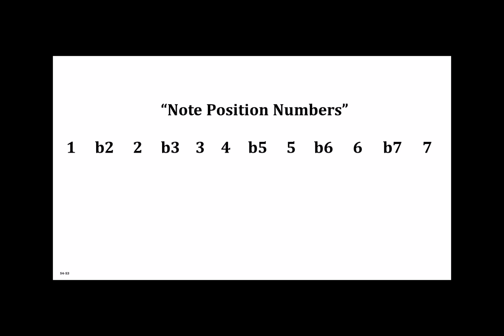Their names are note position number 1, note position number flat 2, note position number 2, note position number flat 3, note position number 3, note position number 4, note position number flat 5, note position number 5, note position number flat 6, note position number 6, note position number flat 7, and lastly, note position number 7.